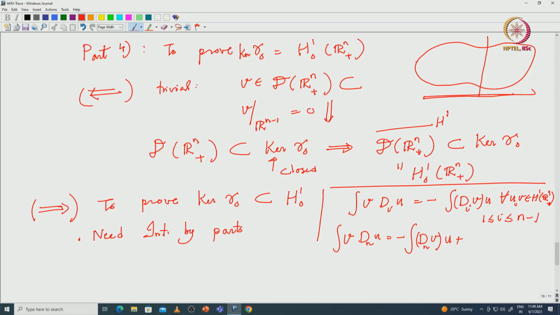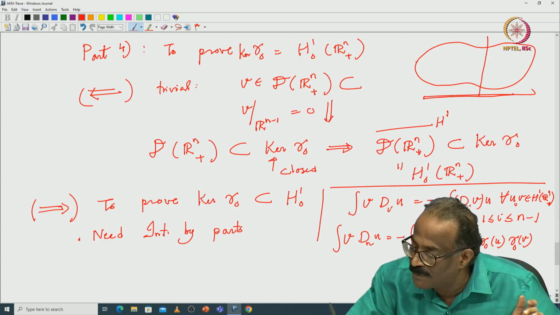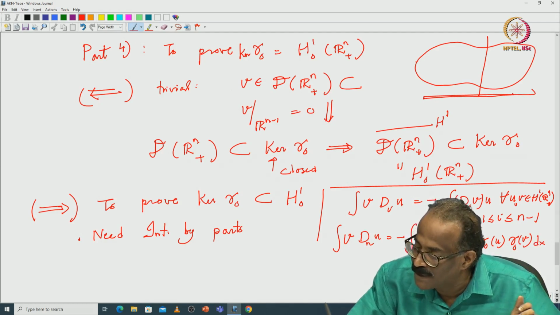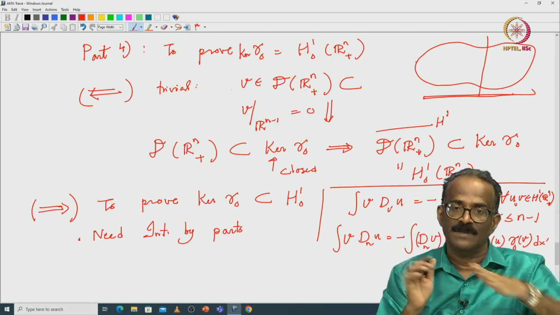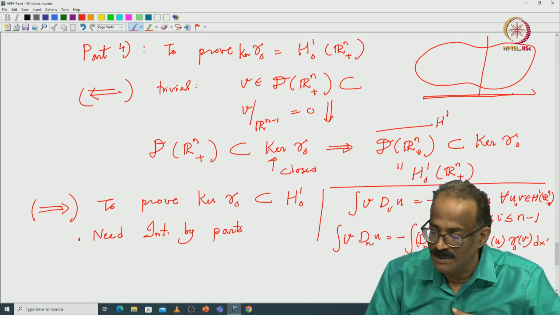In this case it will come with a minus, because nu is minus, so I have taken minus gamma naught of u into gamma naught of v, in R^{n-1}. In R^{n-1} your surface measure is nothing but the Lebesgue measure, so you can write dx prime. You do not need anything else because it is the flat boundary.